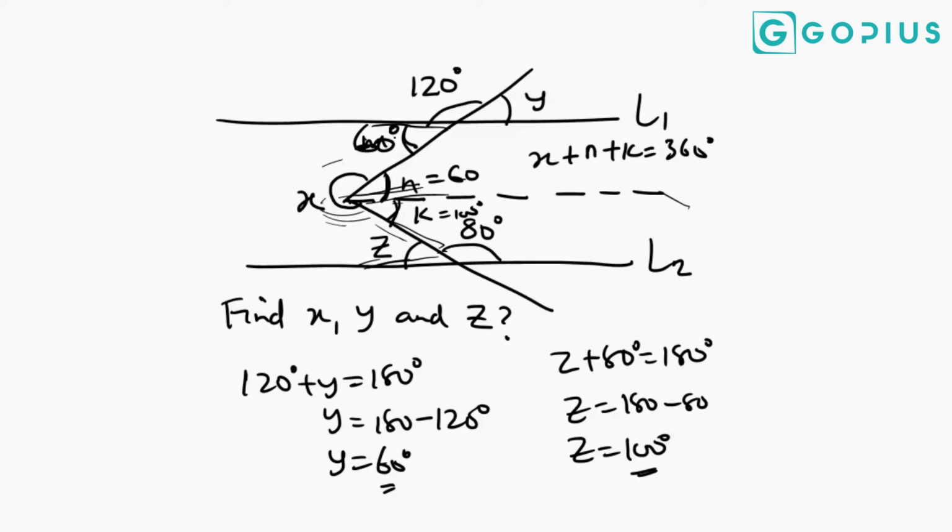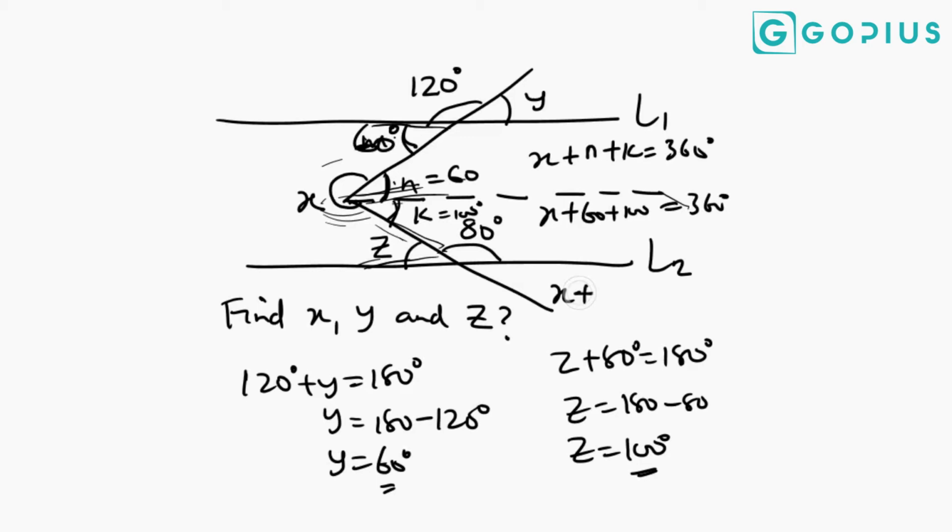So here I'm having X with the other two angles N and K that I've introduced, which give me angle at a point, and angles at a point will give you 360 degrees. So we add everything and we equate to 360. So we have X plus N is 60 degrees plus K is 100 degrees, gotten from Z earlier as alternate to Z. So this equals 360.